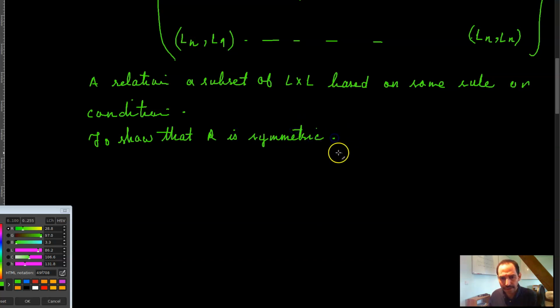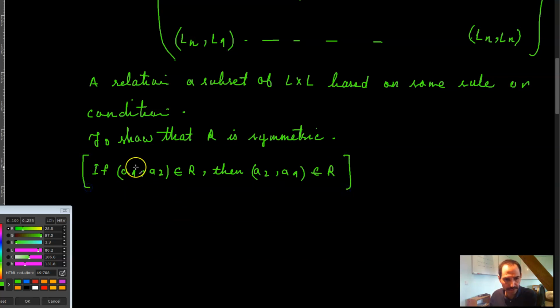The definition of symmetry for relations is that if (A1, A2) belongs to R, then that implies that (A2, A1) also belongs to R. That is the condition for symmetry.